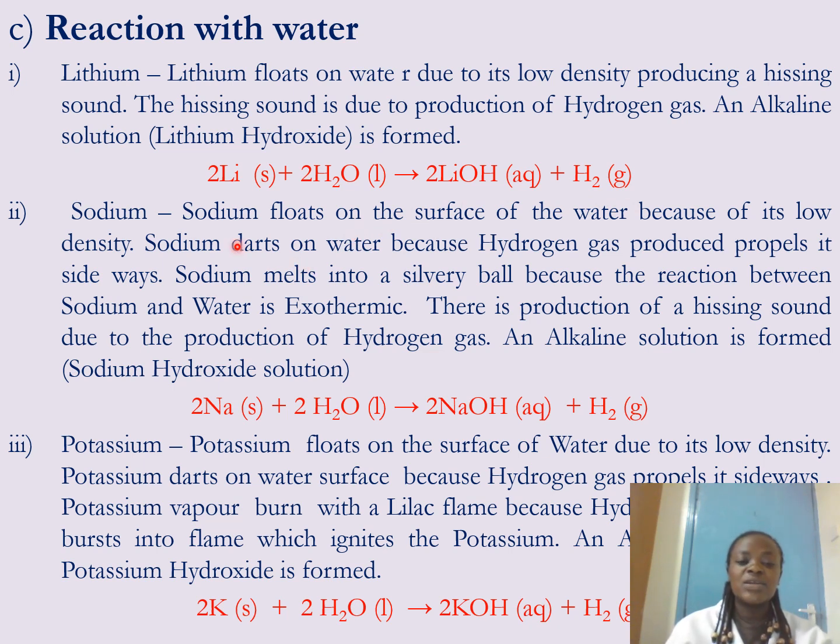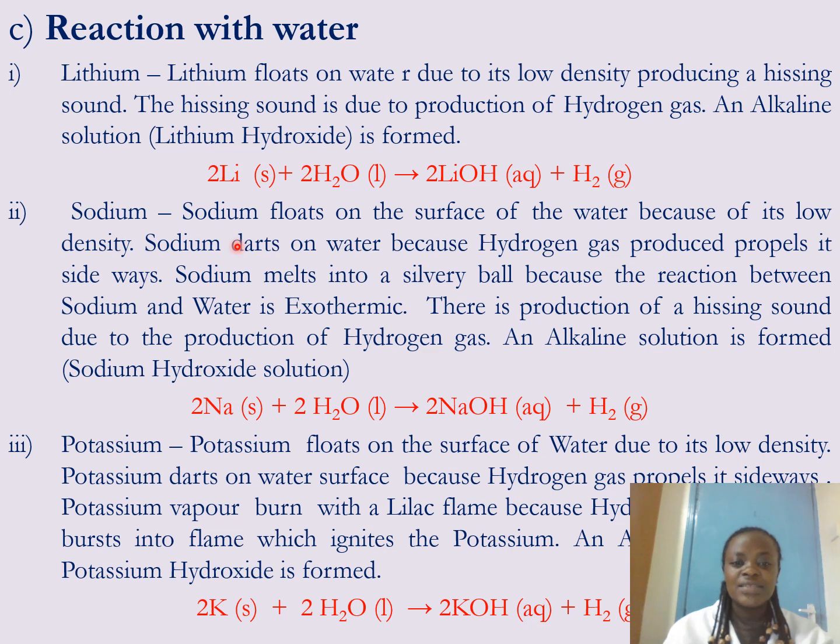Sodium also floats on water, because of its low density. Then sodium darts on water. As we do an experiment, we will see sodium darting on the surface of water because the hydrogen gas produced propels it sideways.